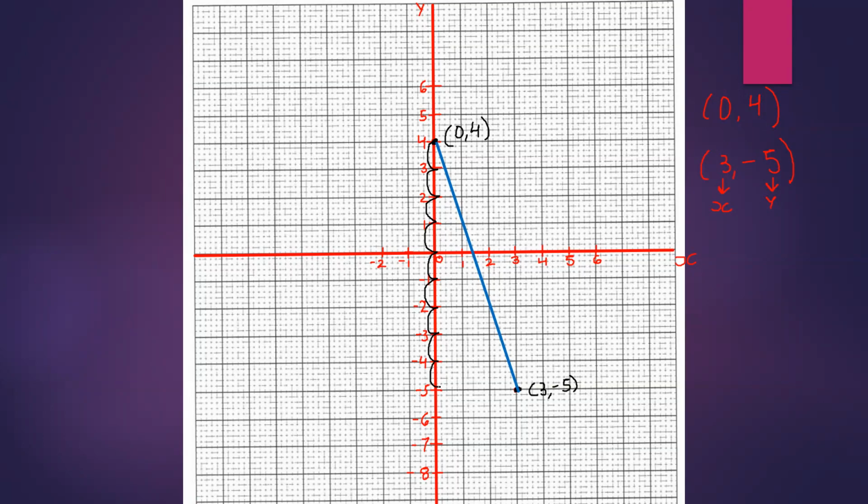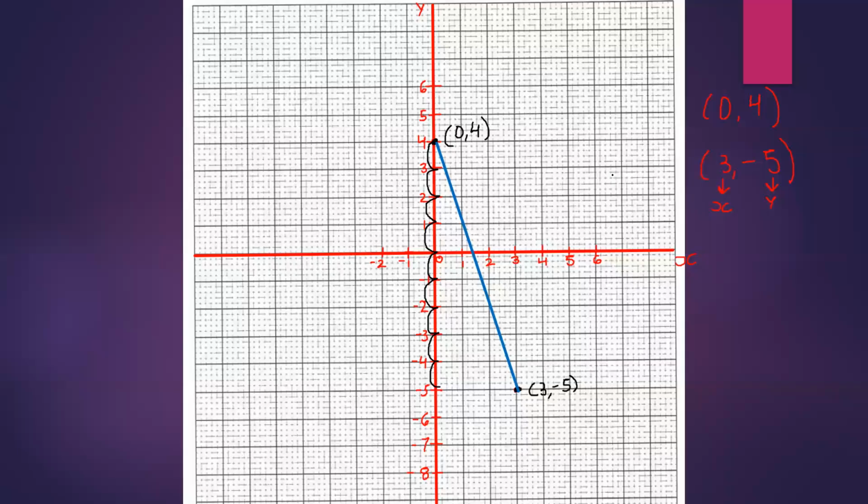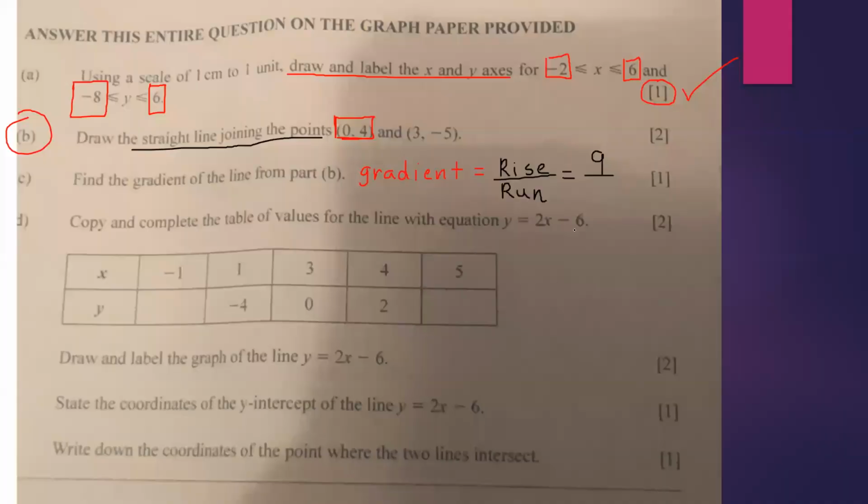So what's the run? The run is 9. I mean, that's not the run, the rise. The rise is 9. Now, what's the run? 1, 2, 3. So the run is 3.